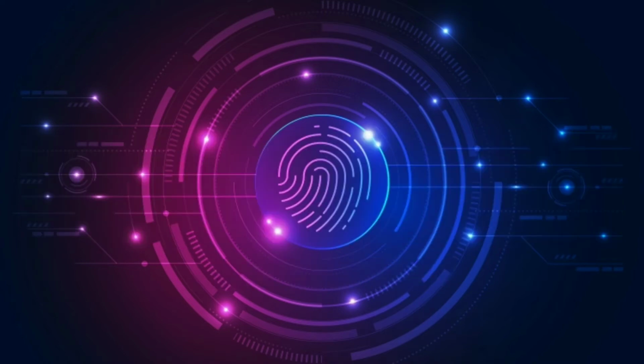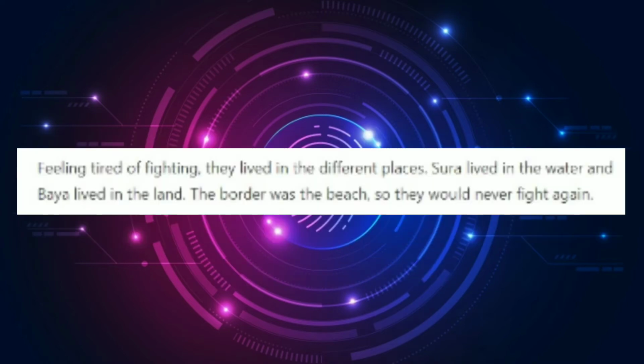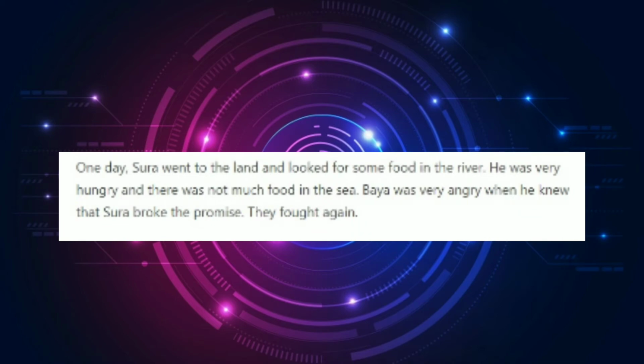Next, let's move to the third paragraph. From the third paragraph, if we read it silently, we will find the problem again. They would never fight again. And for the fourth paragraph, again, from the last sentences, we know that they fought again.